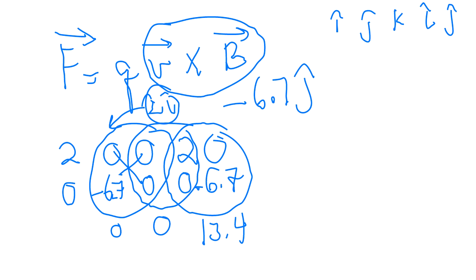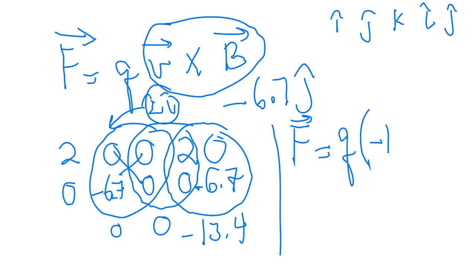will give me negative 13.4. So my result for the vector F is equal to Q multiplied by minus 13.4 in the K hat direction. Remember, this is the I hat, this is the J hat, and that's the K hat.